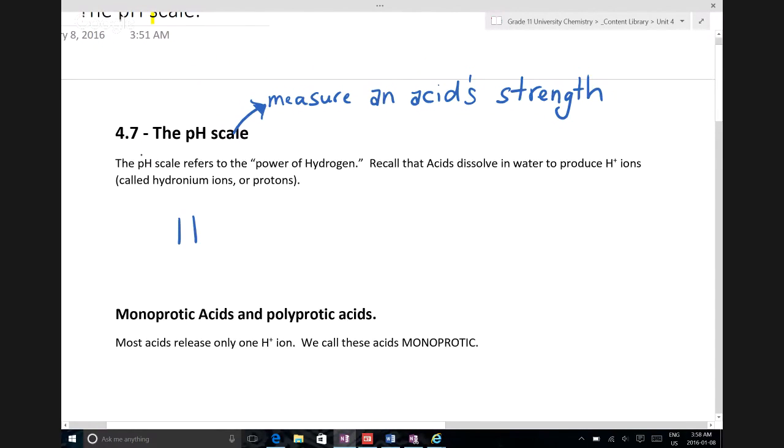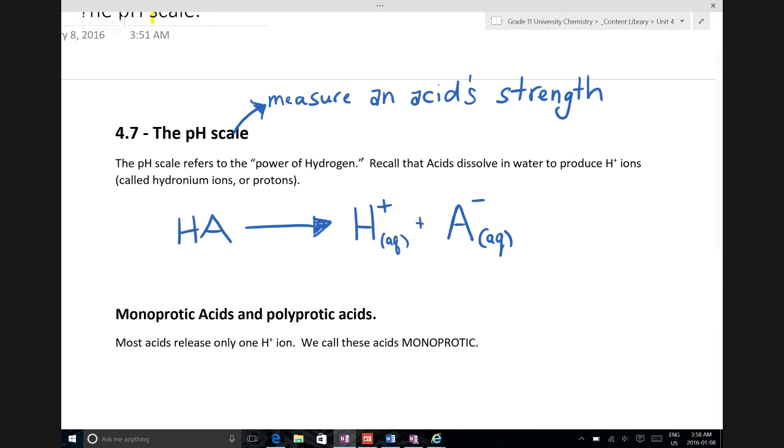And remember that the way that we've typically written that is that we've said that an acid dissolves like this in water to produce H+ ions and those A- ions, whatever they may be. And these would all be aqueous. So that's the general form of an acid.